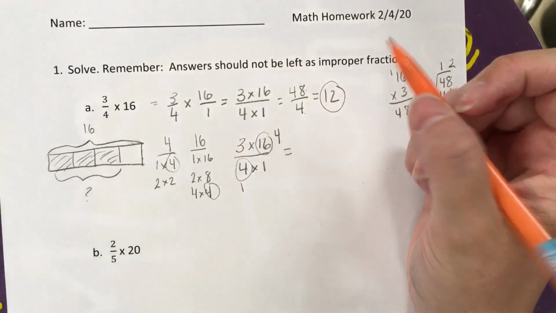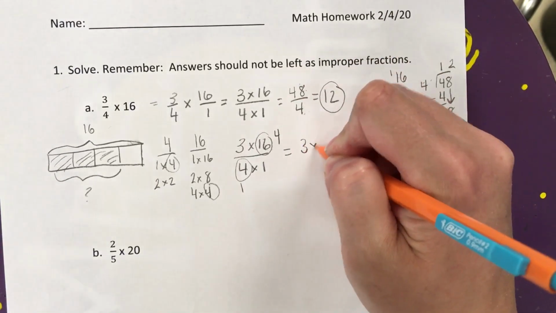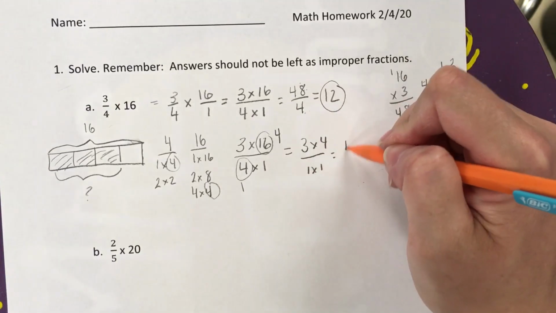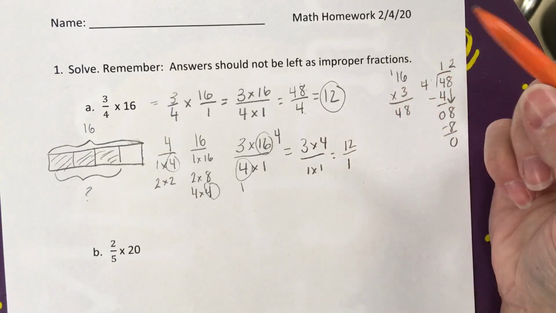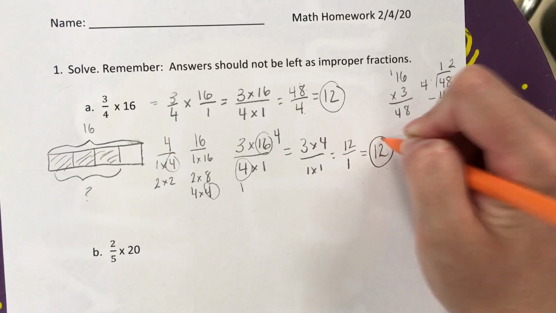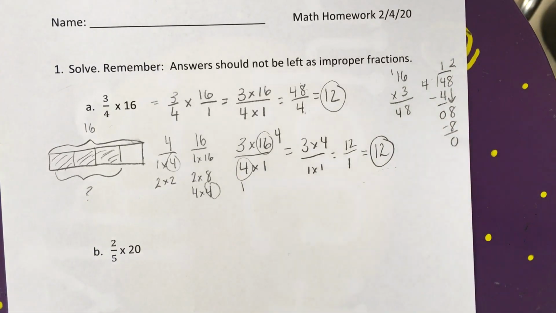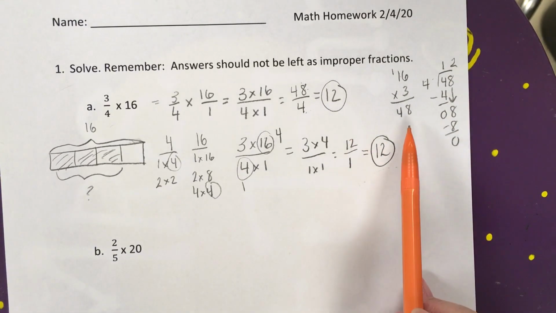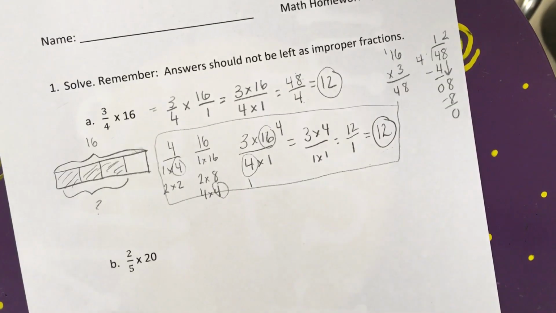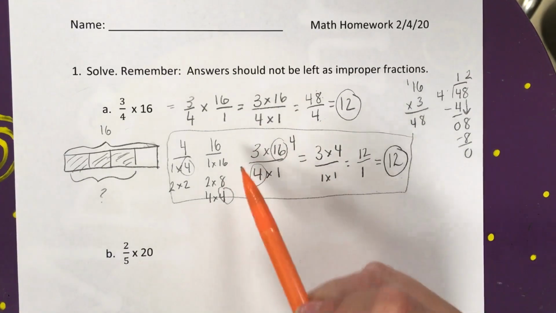So then when I rewrite this, it looks like this. 3 times 4 over 1 times 1. Now 3 times 4 I know is 12. 1 times 1 is 1. 12 over 1 is like the whole number 12. And that's my answer.